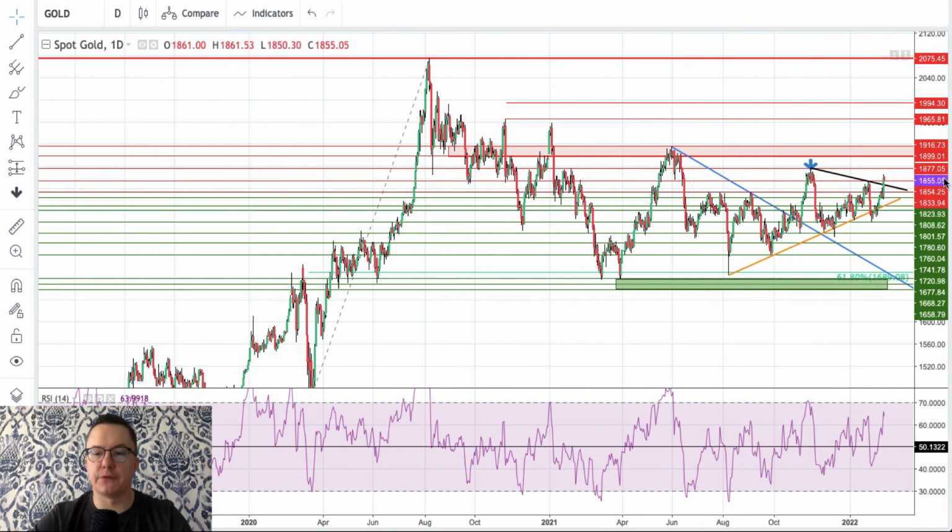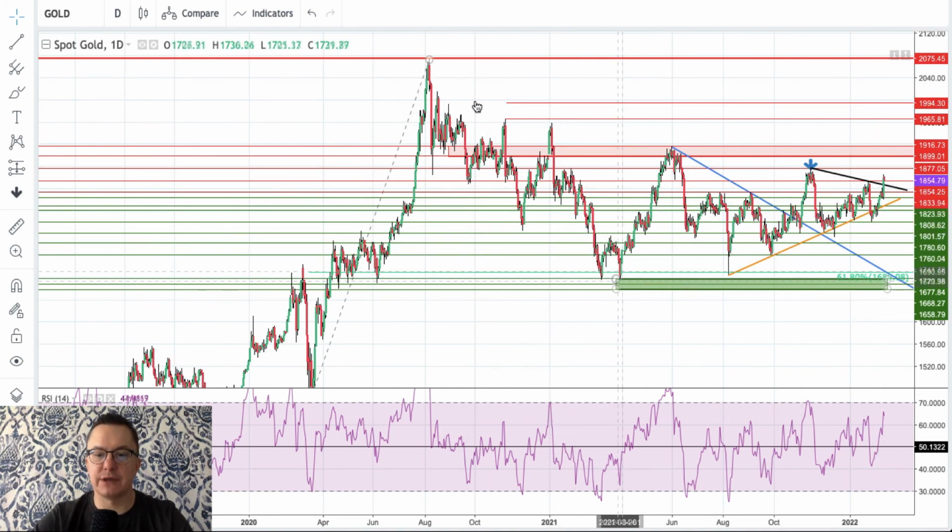If we break above the 1877, this level here is the lower high. When we break above this level, we have the sequence of low, lower low, higher low, higher low, higher low, higher low, and that would be the first higher high. That means that trend is changing.